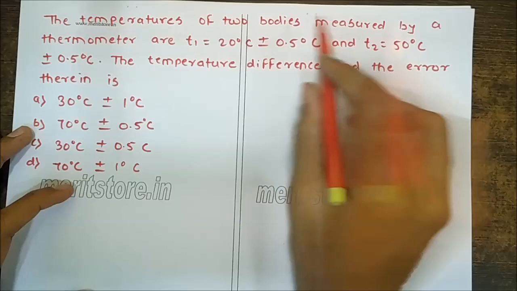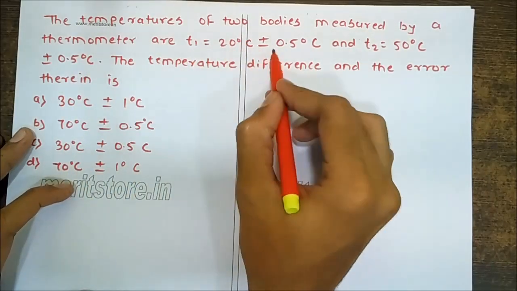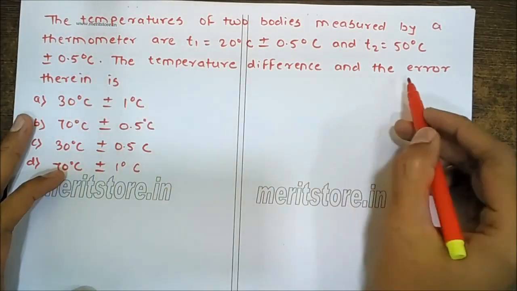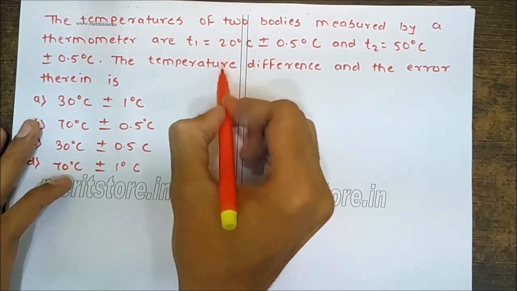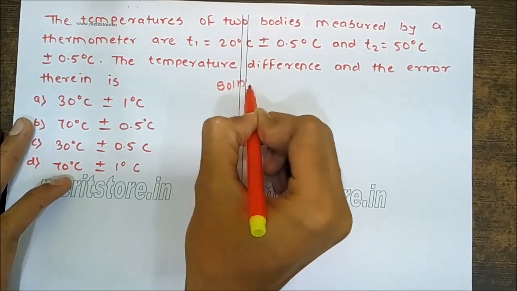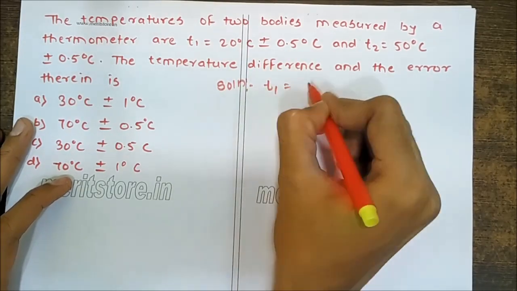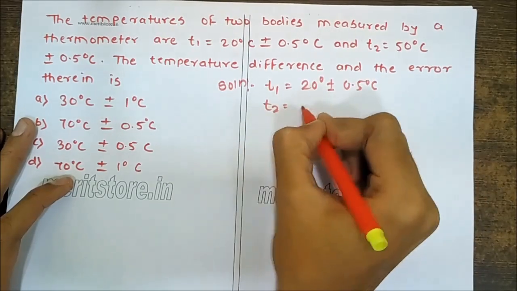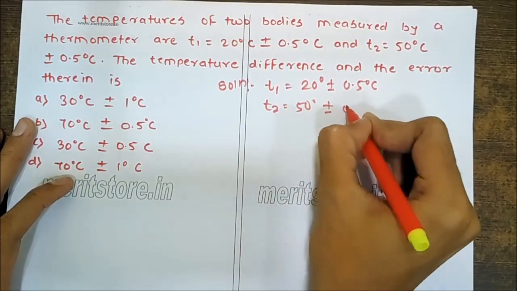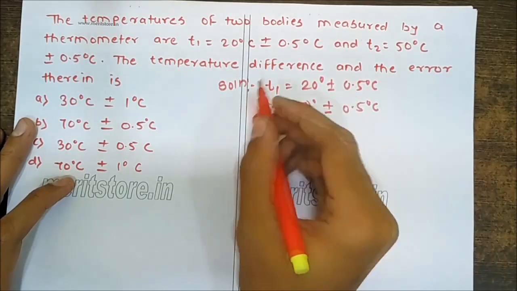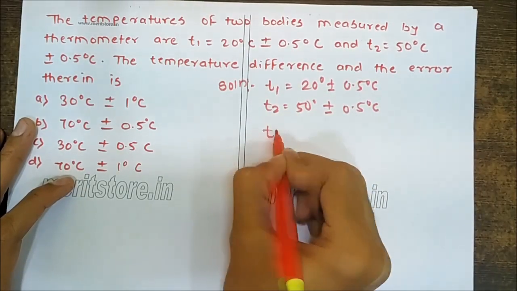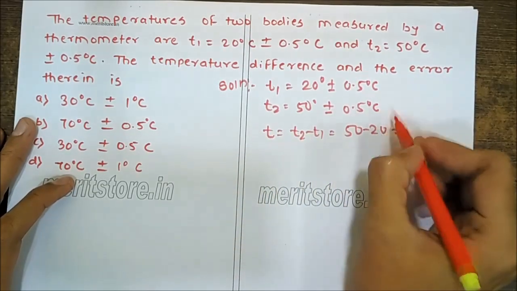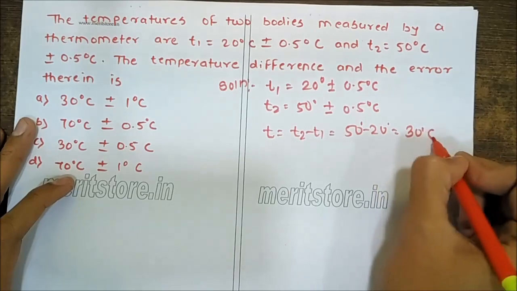The temperatures of two bodies measured by a thermometer are T1 equals 20 degrees plus minus 0.5 degrees and T2 equals 50 degrees plus minus 0.5 degrees. We need to find the temperature difference and the error. The temperature difference T is T2 minus T1, that is 50 minus 20, which equals 30 degrees Celsius.